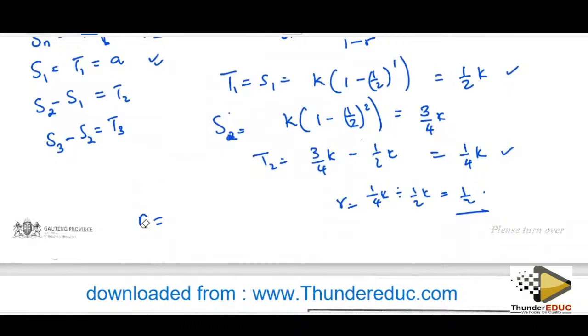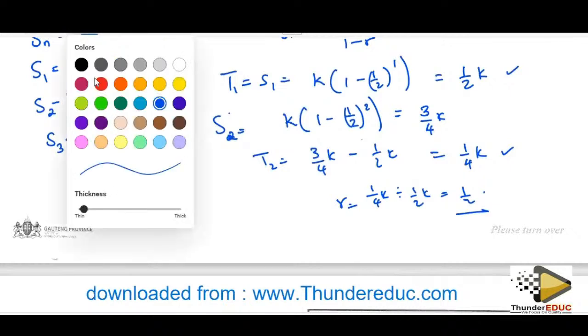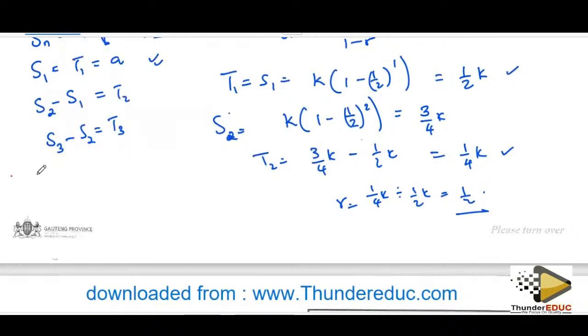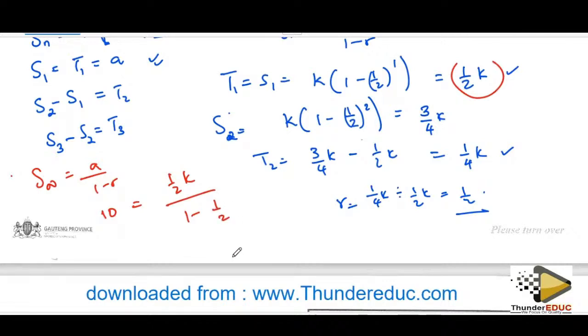Then what I need to do is just substitute into the sum to infinity and say that my sum to infinity is A over 1 minus r. So 10 is equal to A. Remember, our first term is a half K. So a half K over 1 minus just a half. Okay, and then simplify this.